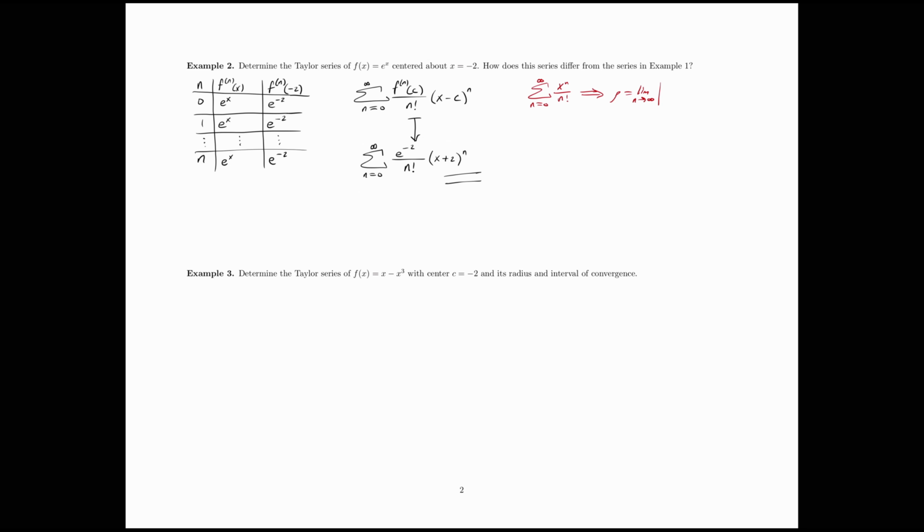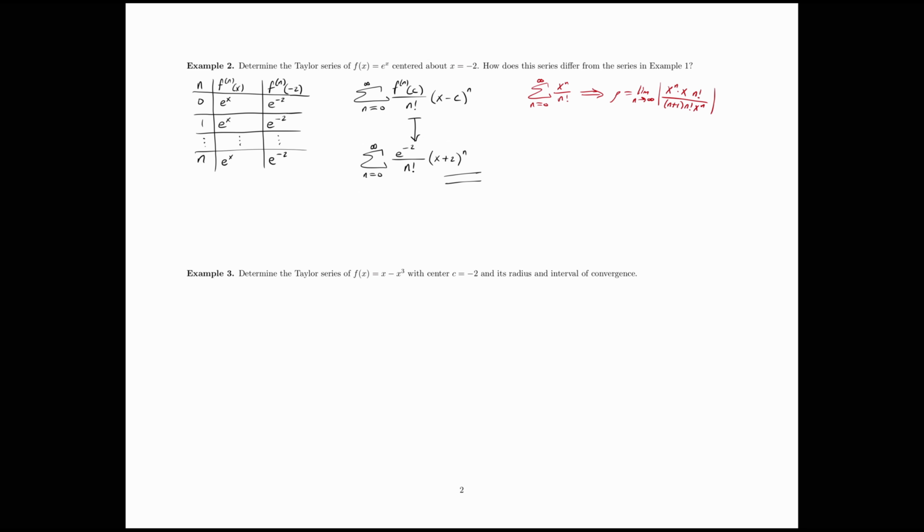So the limit as n goes to infinity of the absolute value of a sub n plus 1 over a sub n. This would be x to the n plus 1, so I'll break that up into x to the n times x, all over n plus 1 factorial, which I'll break up into n plus 1 times n factorial, and then dividing by that fraction will reciprocate and multiply.